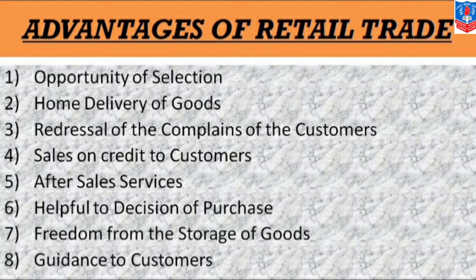He goes for direct demonstration of the product and thereby provides information about its utility, quality, and price, etc. As a result, he becomes useful to the customers in making their decision of purchase. Seventh, freedom from storage of goods. The retailer provides goods to the customer as and when they are required by them. As a result, customers do not have to store or hoard the goods.